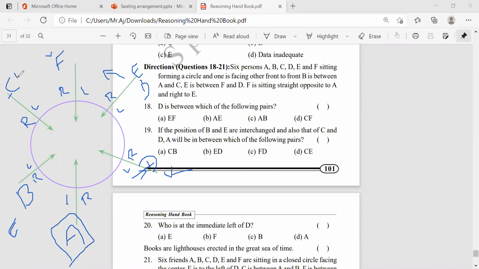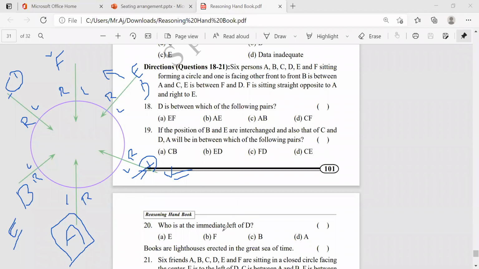This is C and this will be D. Then the question asks, A will be between which of the following? A is between the new E here and the new C. So which of the following? It is C and E.